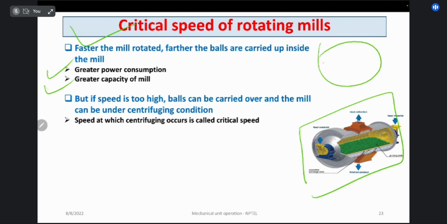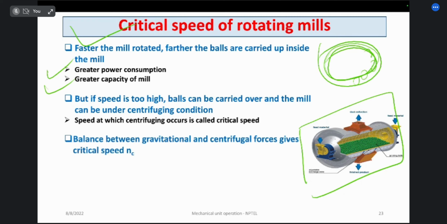It will achieve centrifugal force and will not provide the sufficient operation we want for size reduction. So we need to balance both: gravitational force, so the ball can go up and fall down with the help of gravitational force, and centrifugal force.